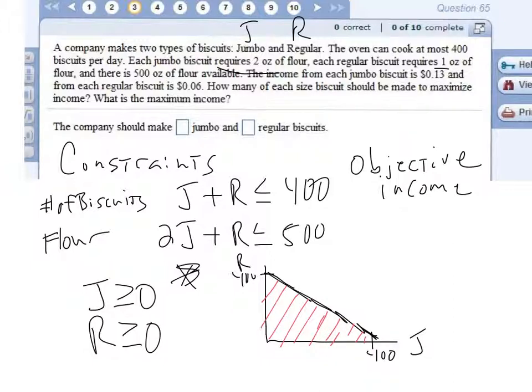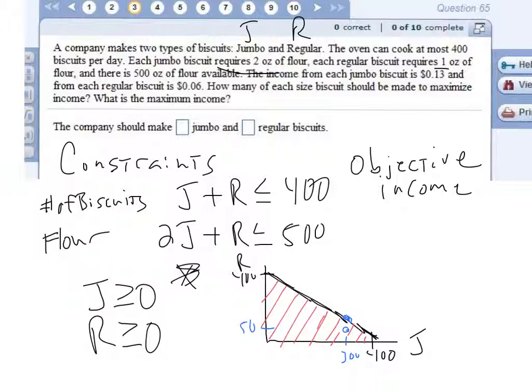Any point in here satisfies this inequality. If I make 300 jumbo biscuits and I make 50 regular biscuits, I'm in that region. I could also make 100 regular biscuits, and that would put me right on the line. So this is called the feasible region, or part of the feasible region.